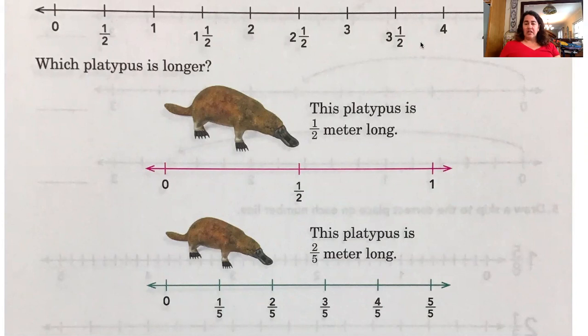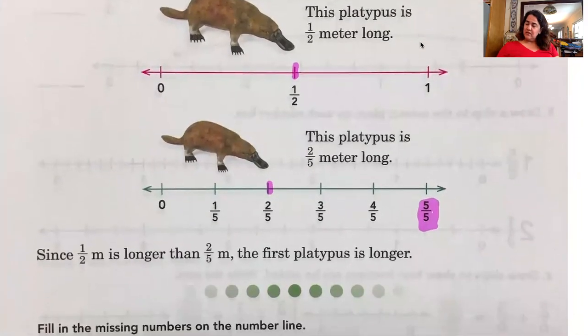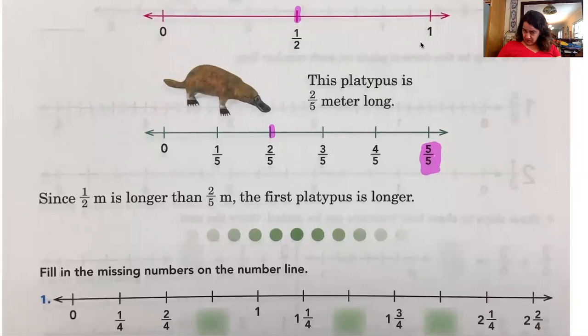Well, if you remember, the denominator in a fraction tells you how many parts make up a whole, and if we have a whole, then the numerator is the same as the denominator. So if I take a whole and cut it into fifths, 2/5 is less than 1/2. Right on? So far, so good. Since 1/2 meter is longer than 2/5 meter, the first platypus is longer.